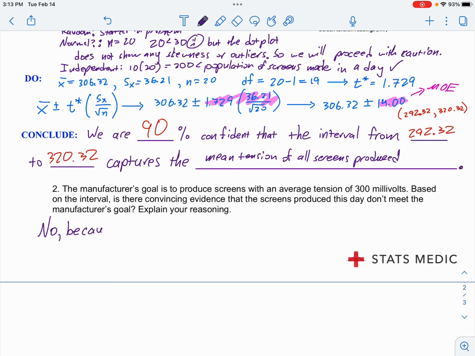Because 300 millivolts, MV, is contained in the interval.